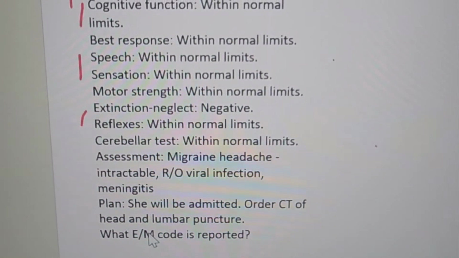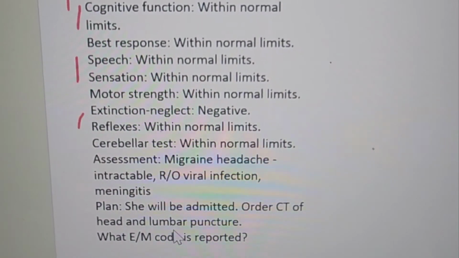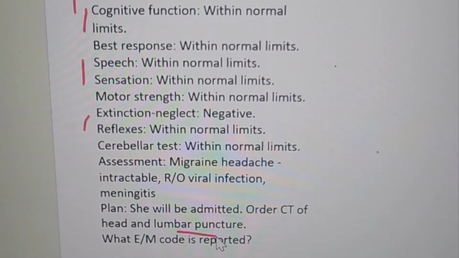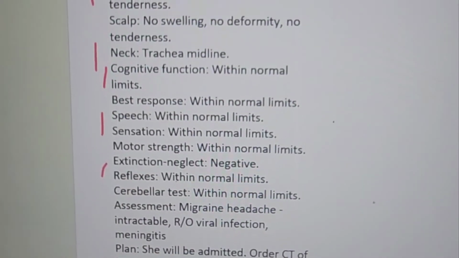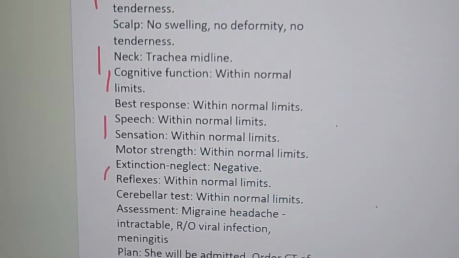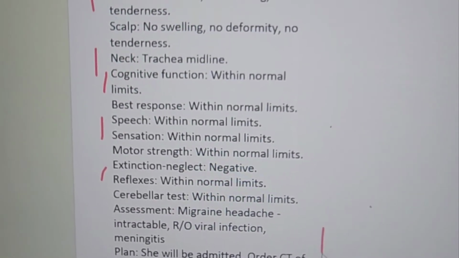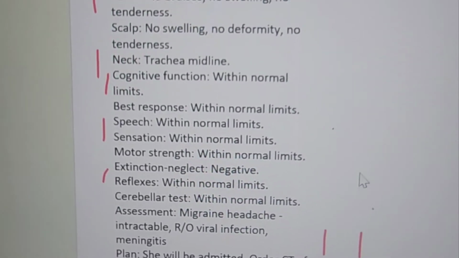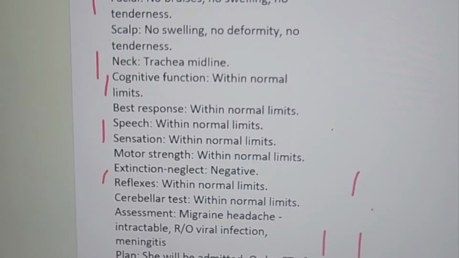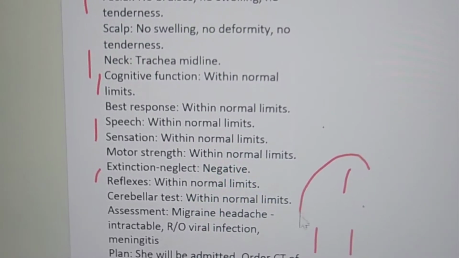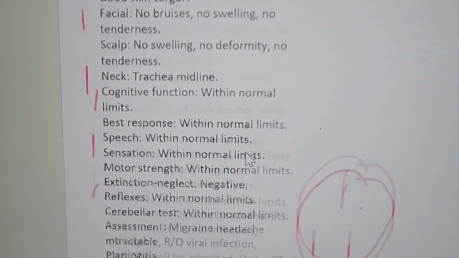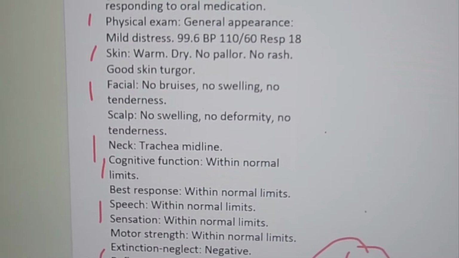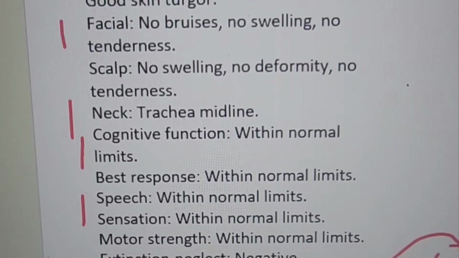Our plan is to do a lumbar puncture. We're also going to order a CT of the head. So we have 1 order, 1 procedure, and 1 new condition. That kind of total can help us out. Also, how many systems we reviewed can help out.